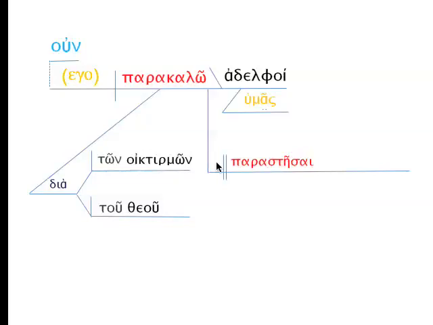He is urging them what? The main idea here is not really the mercies of God, which he just previously established, but in view of that mercy, he is urging them to parastesai, which meant to present, to offer, to give. Because God is so merciful, he is urging them to present.